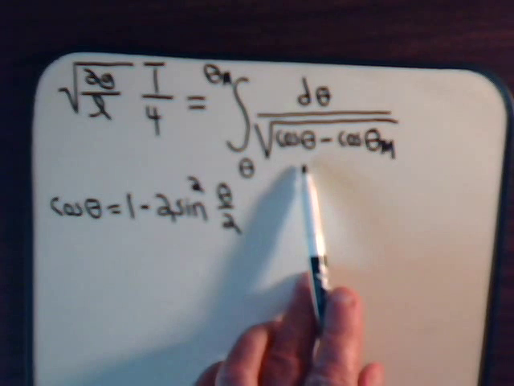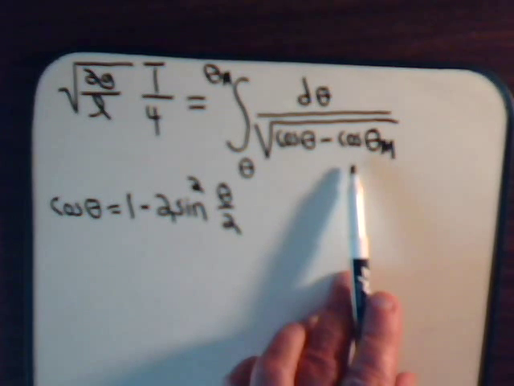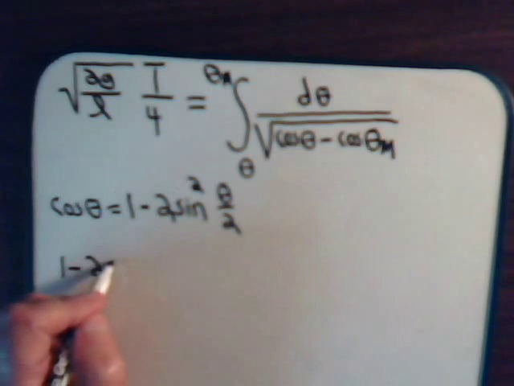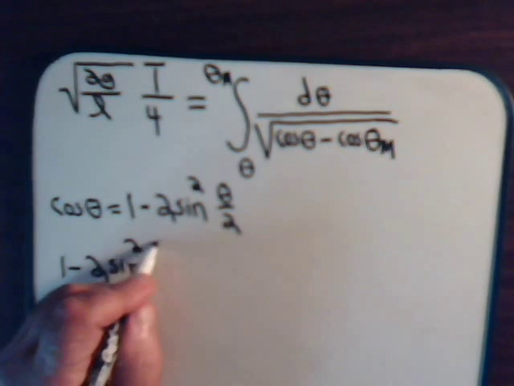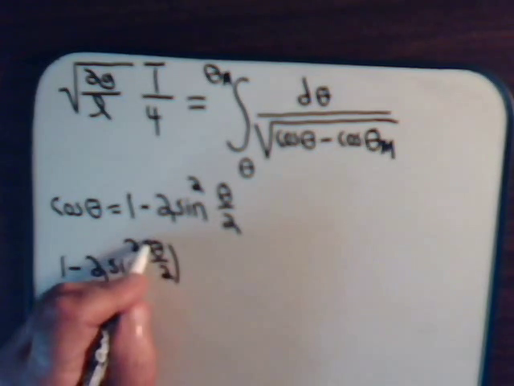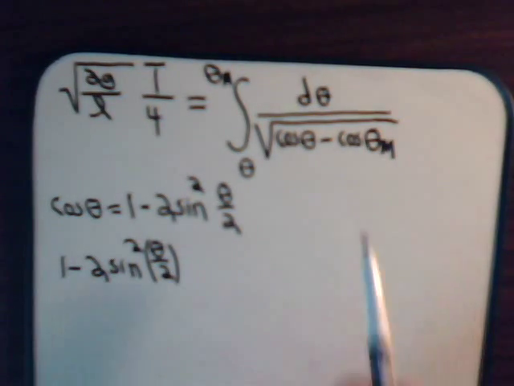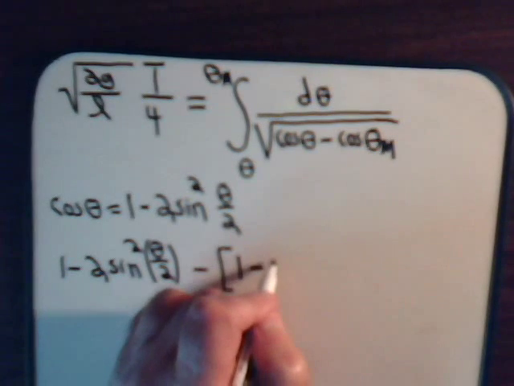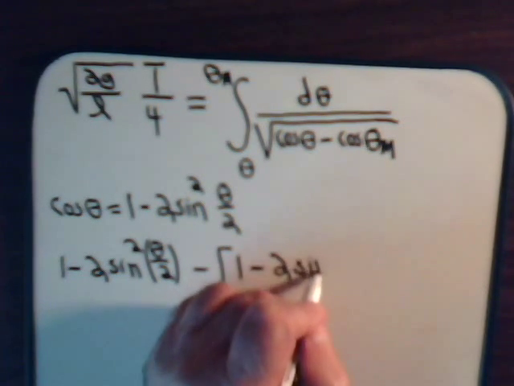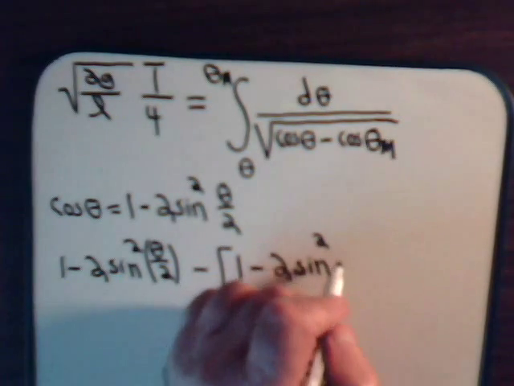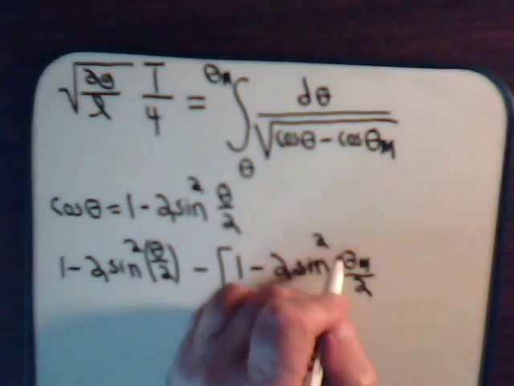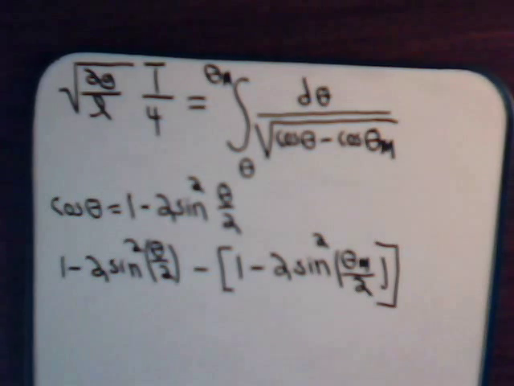So for the cosine of theta minus the cosine of theta max, we're going to have 1 minus 2 sine squared of theta over 2, that's the cosine of theta, minus 1 minus 2 times the sine squared of theta m over 2. So that's cosine theta minus cosine theta m.